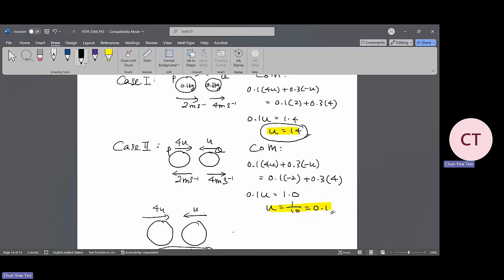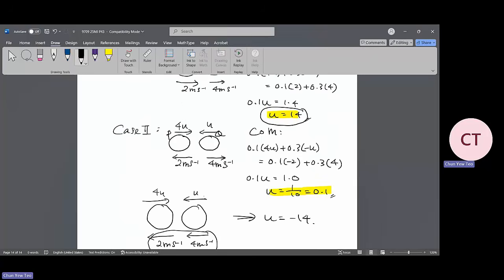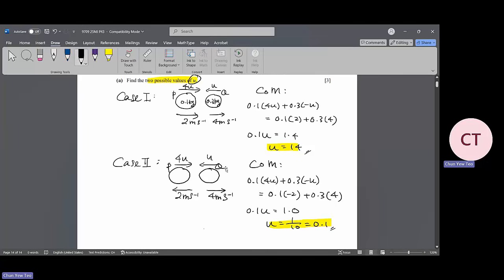But the question is looking for the speed. The u is a speed, so negative 14 and positive 14 we consider as the same answer. So we will not consider this case. That's all. These are the two cases and the two possible values of u. That is the answer for question number 1.